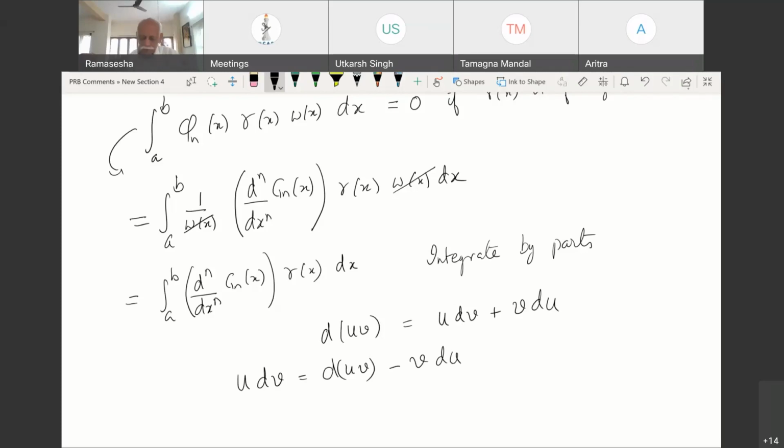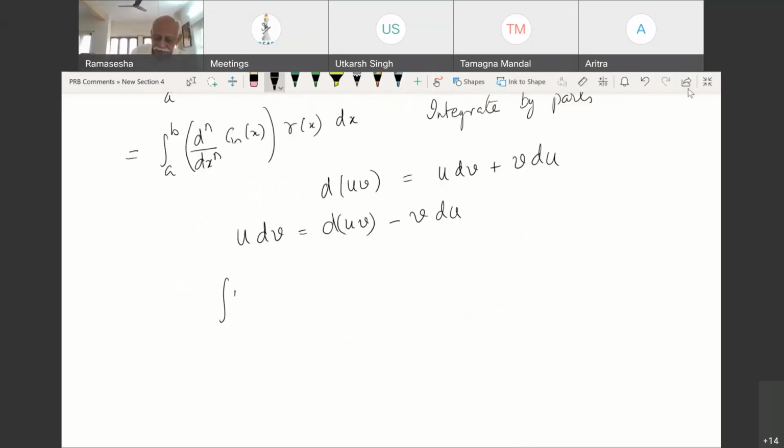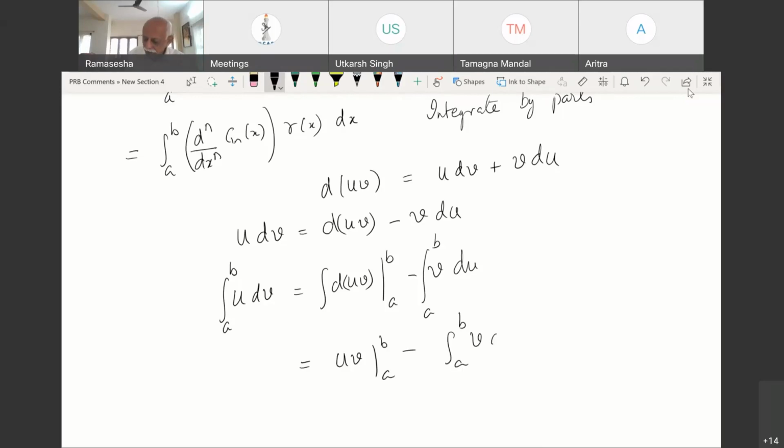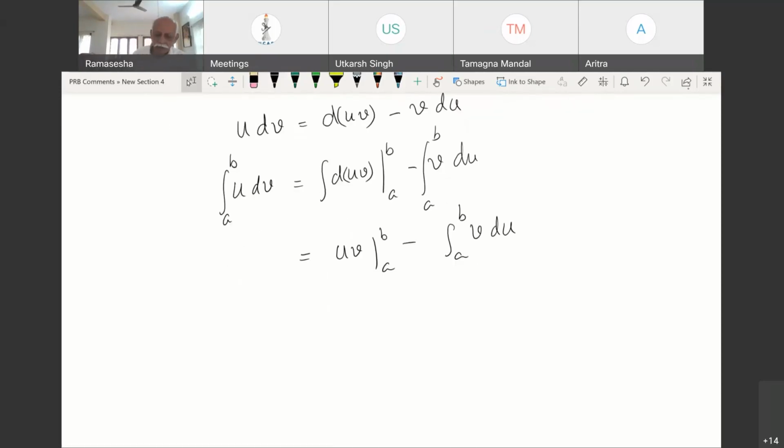Or I can integrate this as integral of u dv from a to b, which is equal to uv from a to b minus the integral from a to b of v du. Okay.